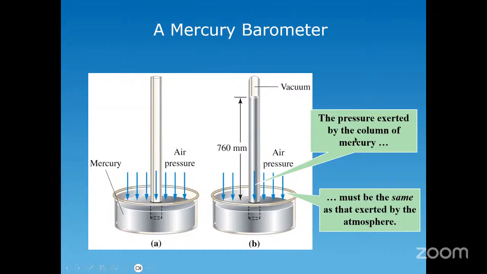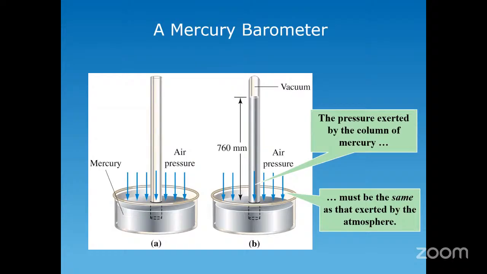Now, in this setup, this is different because the end of this tube is sealed. The way this would be set up is that you have the trough already filled with mercury, and then you fill the tube with mercury. You put your thumb over it, assuming that you're wearing gloves, of course, and then you invert it into the trough with the mercury, and then you let it sit.